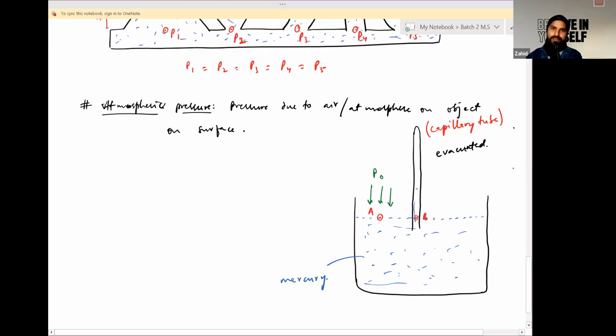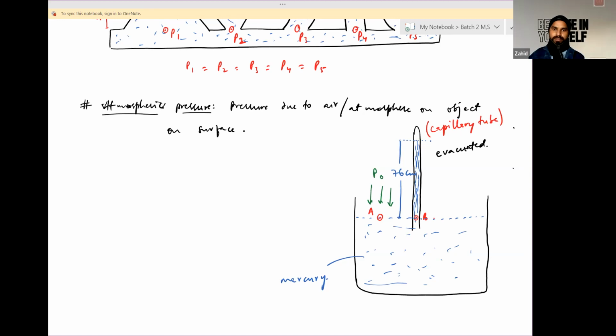That's why the level of mercury in the tube will start rising till this point. Experimentally, the vertical column was calculated to be 76 centimeter.